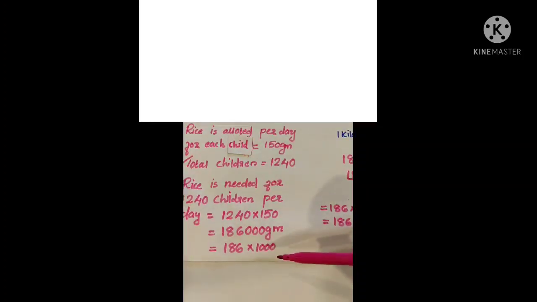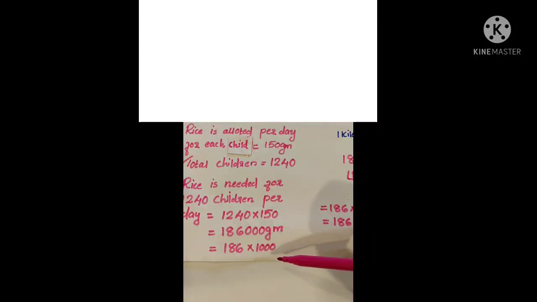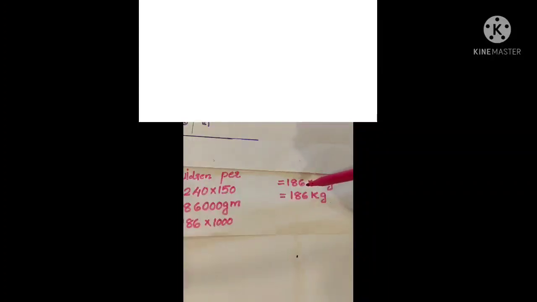We know that 1000 gram is equal to 1 kilogram. Instead of 1000 gram, we can write 1 kilogram. That is equal to 186 into 1 kilogram. It is equal to 186 kilogram. That means 186 kilogram rice is needed for 1,240 children per day.